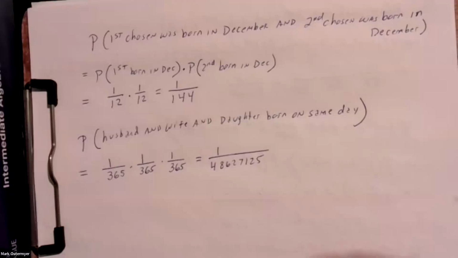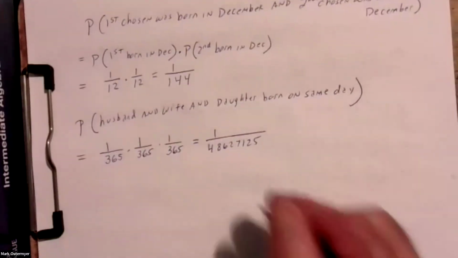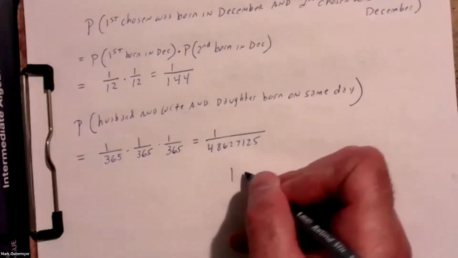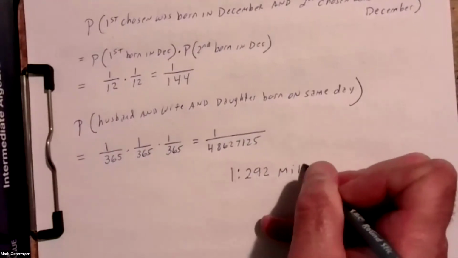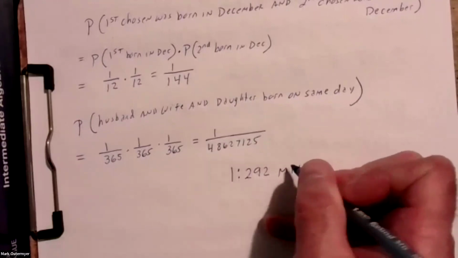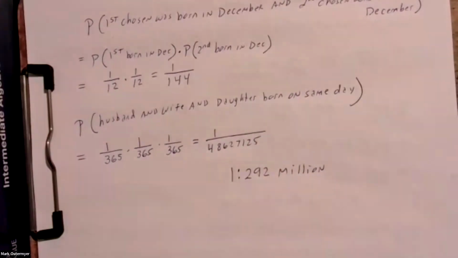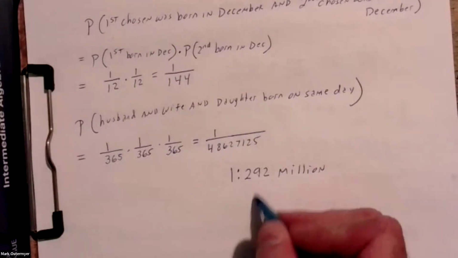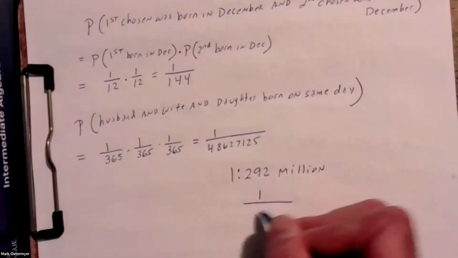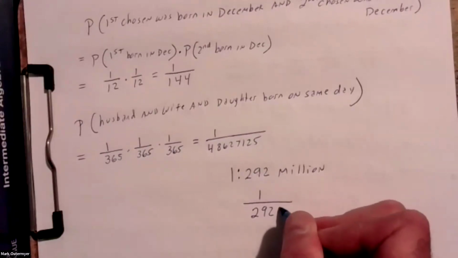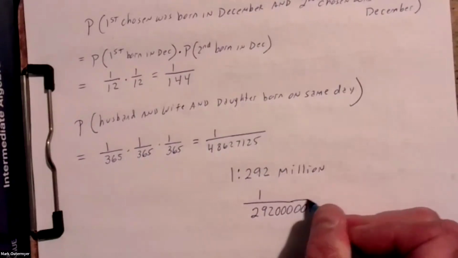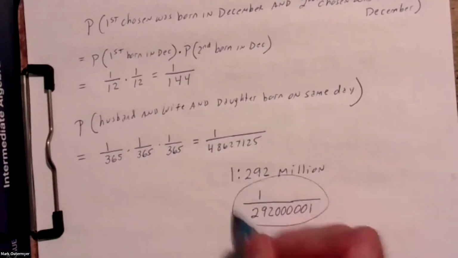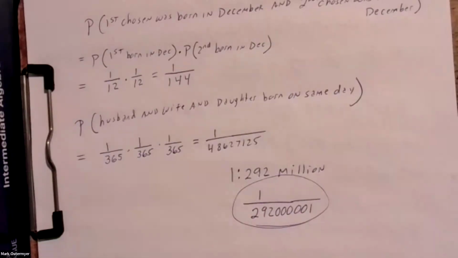Anyways, ladies and gentlemen, I found out the odds of winning the Powerball. The odds are 1 to 292 million. That's your odds of winning with one ticket. Well, the probability of winning with one ticket would be 1/292 million.